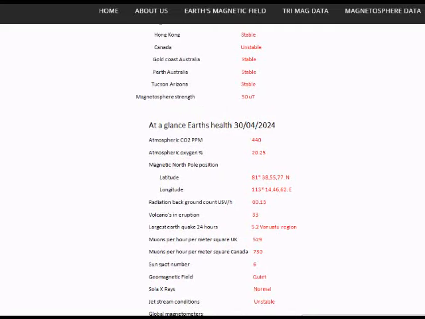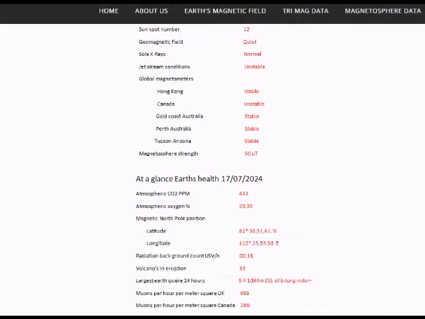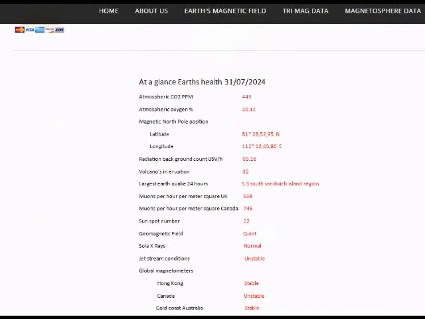If you take one of those out of that list, say atmospheric CO2, it's at 445 parts per million, but the last time we measured it, it was at 433. And then if we go again, 440. Now, all you've got to do to make this information useful to you is write those numbers down and the date at which it was taken.